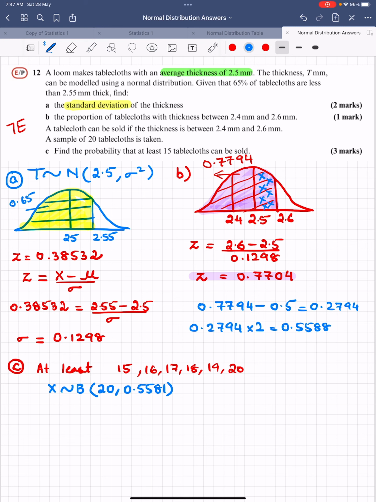Now how do we do this? We go to the menu, and from menu we go to option 7, which is distribution. Once we go to option 7, we have a screen with options 1, 2, 3, 4, but we don't want any of these options.